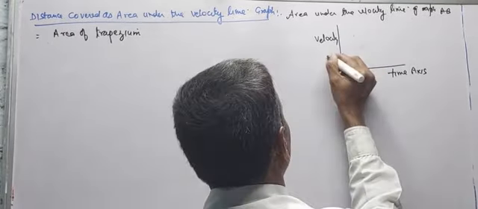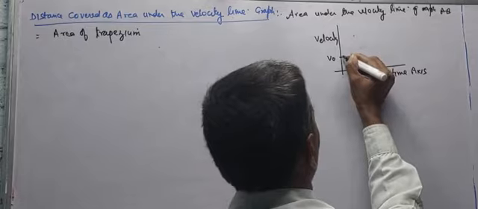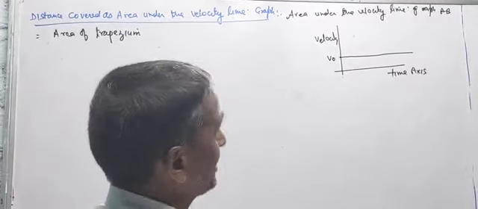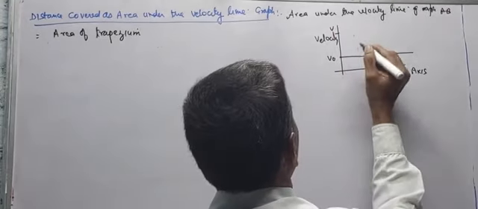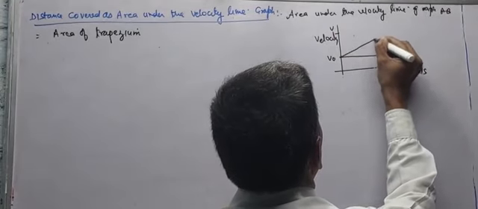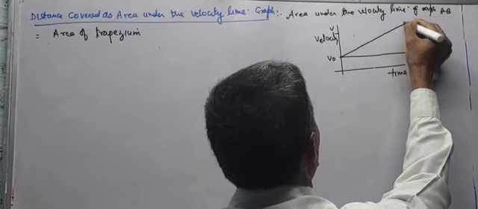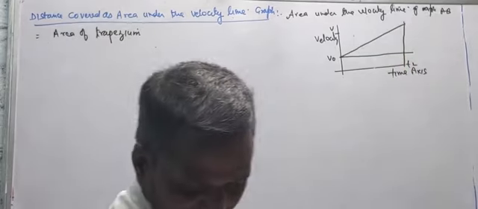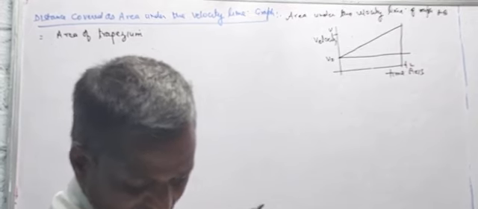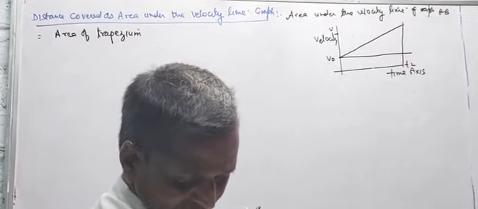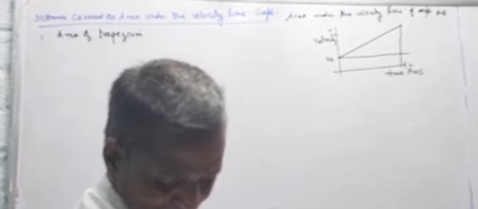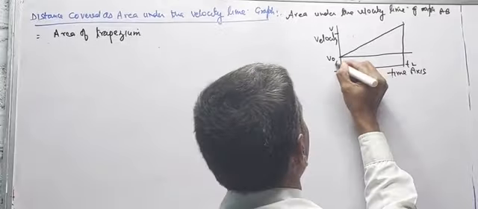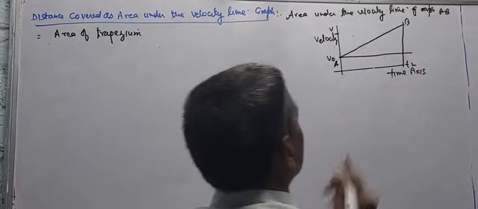The graph becomes: this is the time axis and this is the velocity axis. Here is the original velocity v0 and it becomes final velocity v. Then it becomes a straight line, and this is time t, and the line is AB.